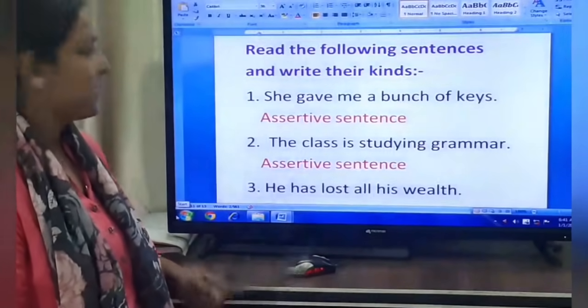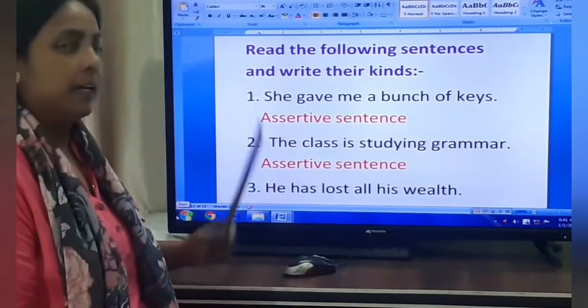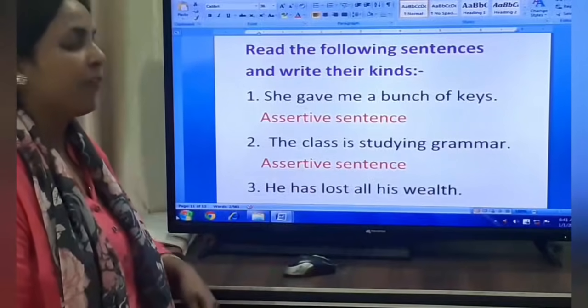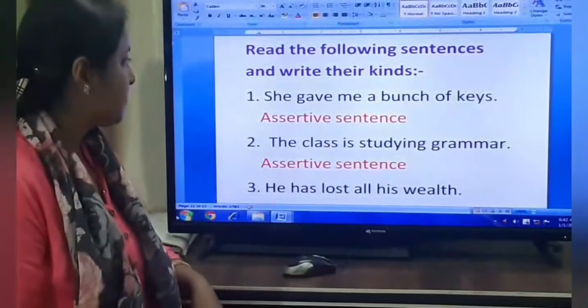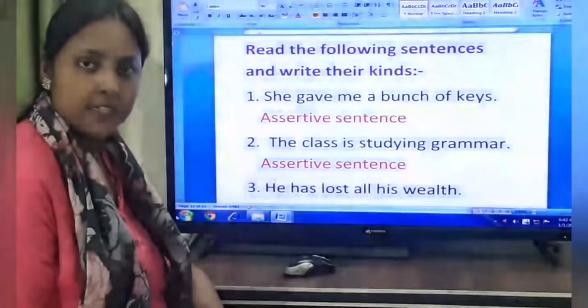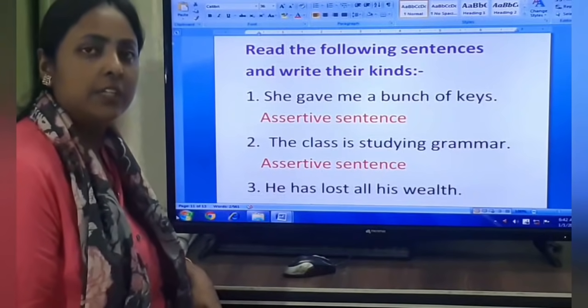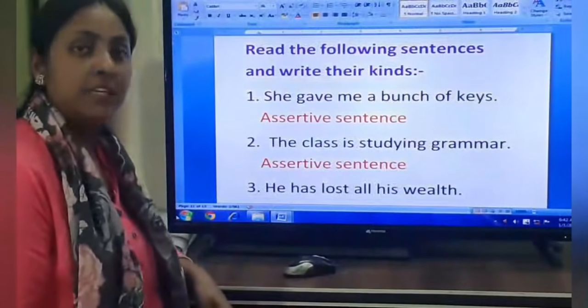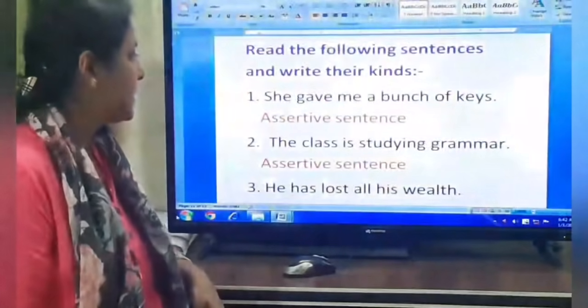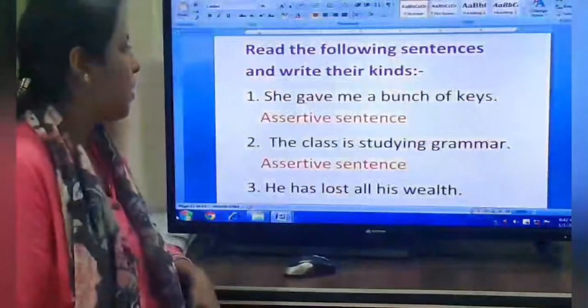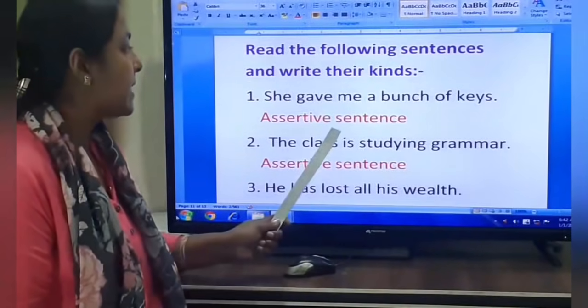The first example is, she gave me a bunch of keys. I repeat, she gave me a bunch of keys. Which sentence is it? Assertive sentence. Why is it an assertive sentence?